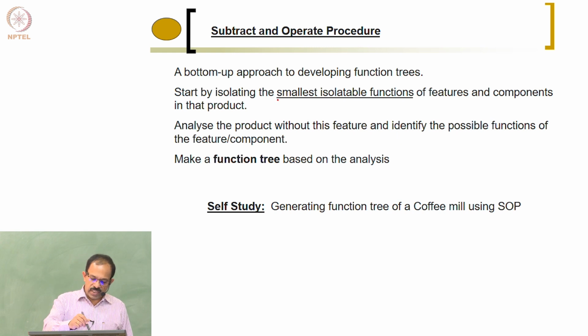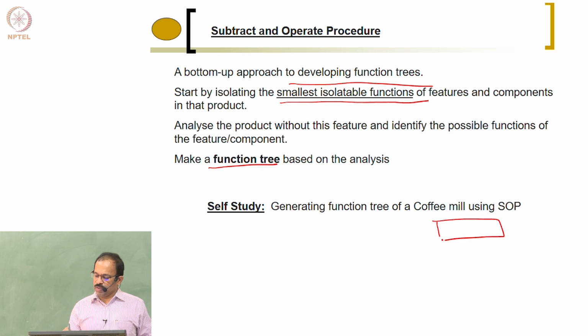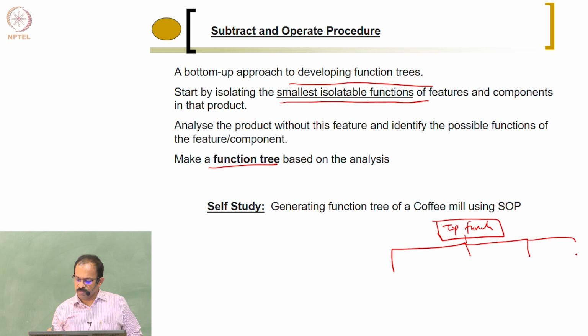Start by isolating the smallest isolatable functions or features and then prepare a function tree. So what is a function tree? A function tree is where you write the top level function of the product, like in your assembly chart, you write the top level assembly. So here the top function, and then see what are the sub functions providing this top function, and then try to decompose each one into small functions.